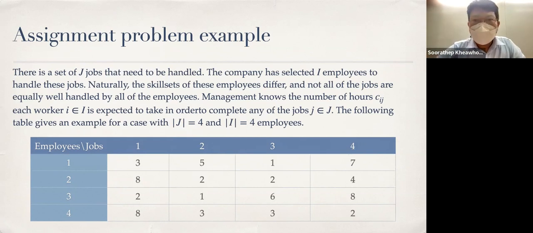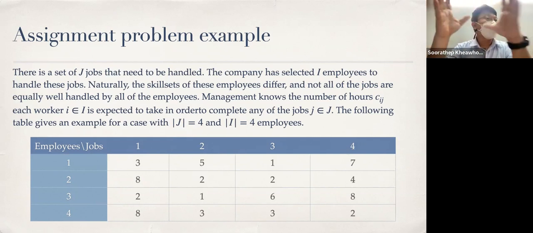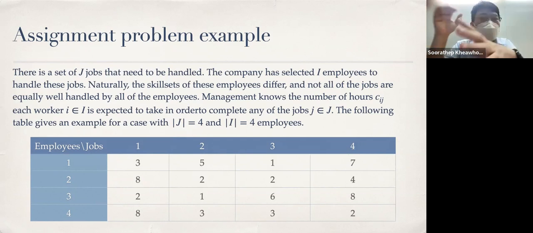For the assignment problem, our idea is: you have a number of jobs and you want to assign the jobs to different people in order to maximize performance. Maximize performance means minimize the time required to complete the job. For example, I plan for cleaning this room.